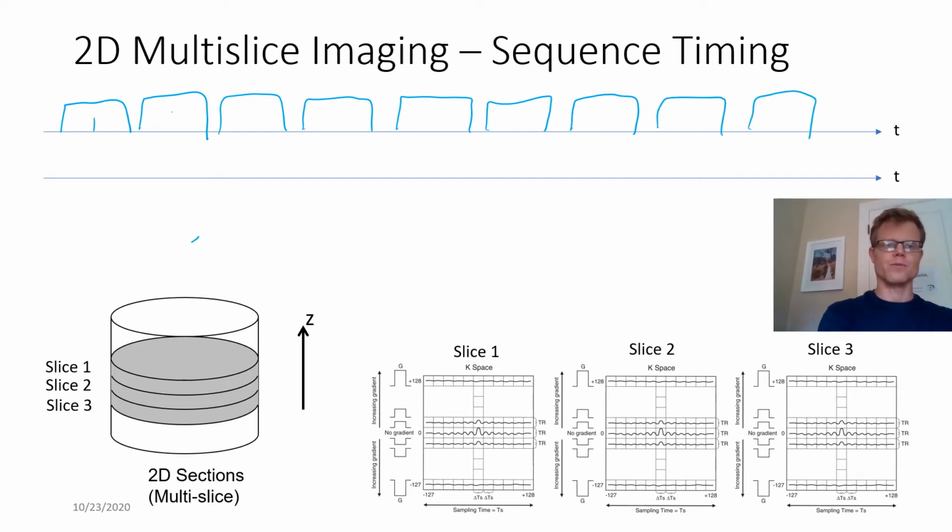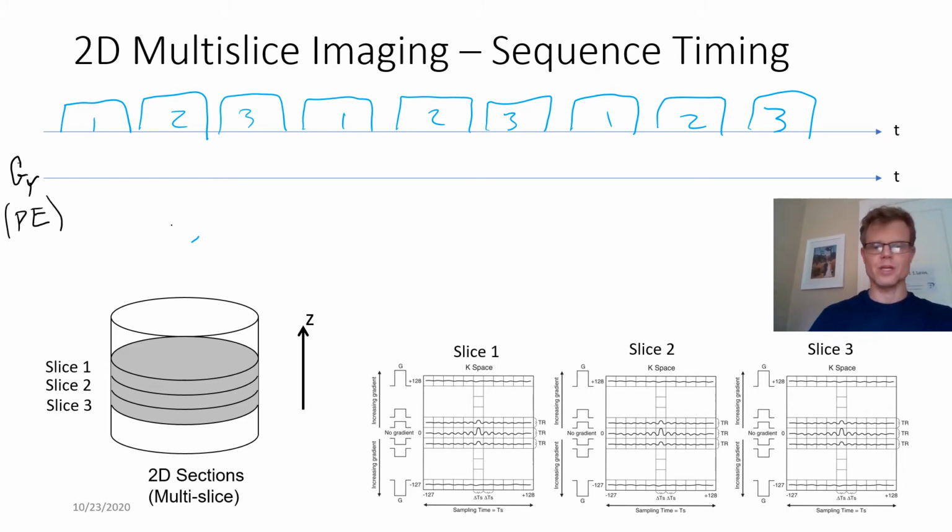Okay, we're going to go between slice 1, 2, 3, 1, 2, 3, 1, 2, 3. And then what I want to highlight is just pulling out of that small drawing, again, what the G_Y, or our PE, our phase encoding gradient will be.